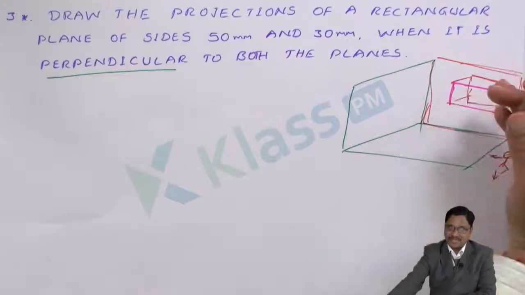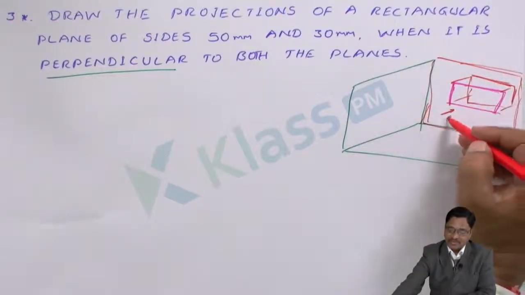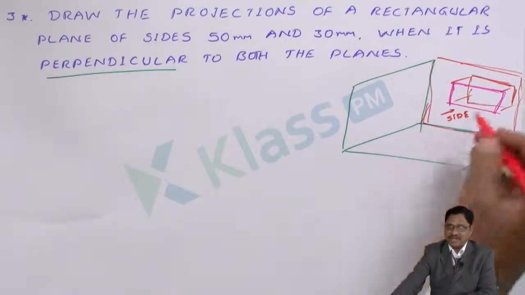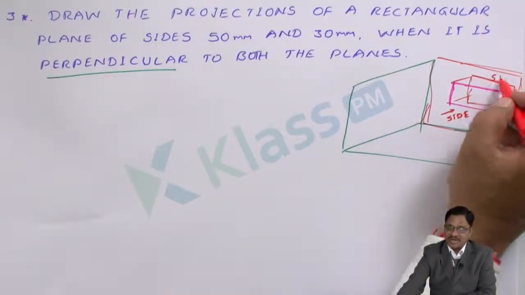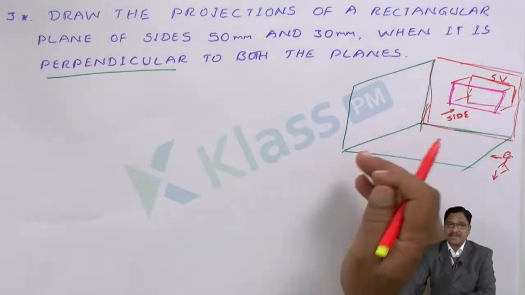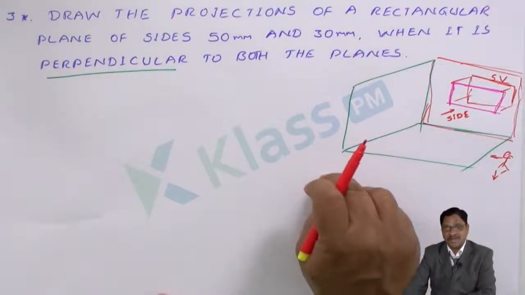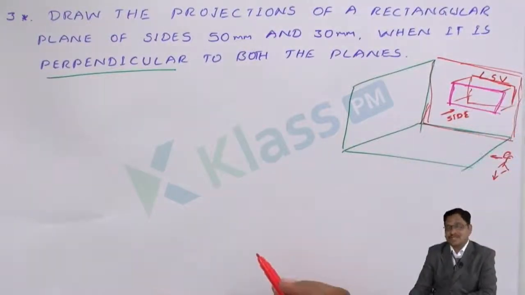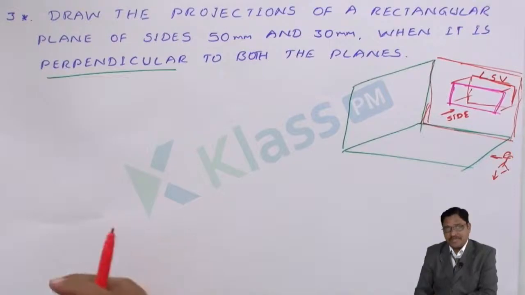Since we are keeping the object on this side, what is the direction of view? From the side. Since we are observing from the side direction, the respective view we get is also the side view. From which side are we observing? From the left side, so we get the left side view. But we have to represent it as a standard.